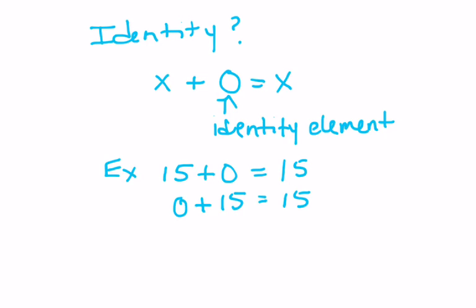All right, so let's think about our system. If we're looking for an identity, then we are looking for some element in the set LRSU that could be added to all the other elements without changing it.